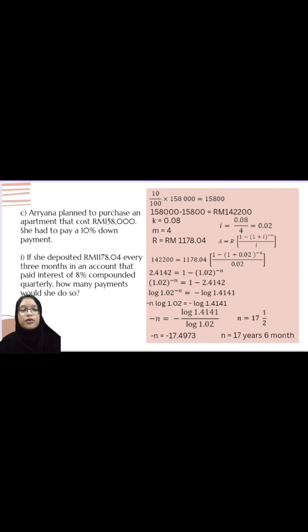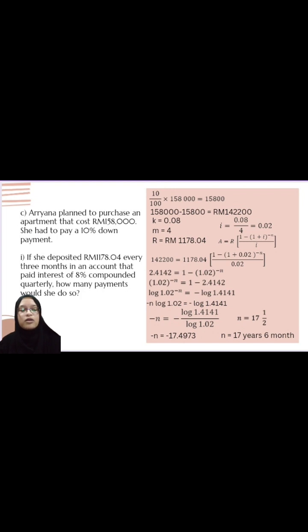Next, 2.4142 equals 1 minus 1.02 to the power of negative n. So 1.02 to the power of negative n equals 1 minus 2.4142. Taking log, 1.02 to the power of negative n equals negative log 1.4141.